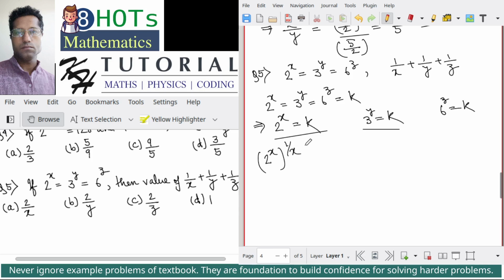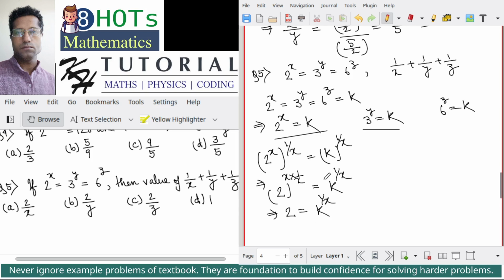Now please remember that when I am taking the power of 1 by x, definitely x cannot be 0. x is a non-zero number. So I am taking the power of 1 by x from both the sides. So this becomes k to the power 1 by x. Now the left hand side becomes 2 whole raised to the power x multiplied by 1 by x, and the right hand side becomes k to the power 1 by x. Now the left hand side power is x multiplied by 1 by x, so it becomes 1. So I get 2 is equal to k raised to the power 1 by x.